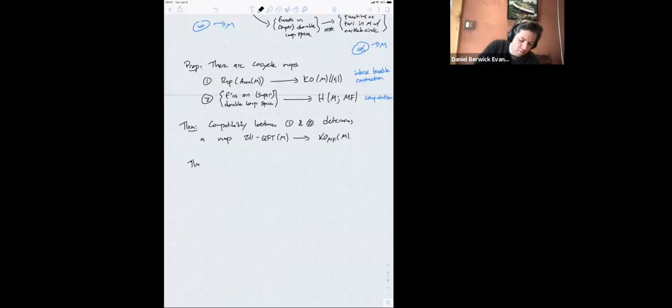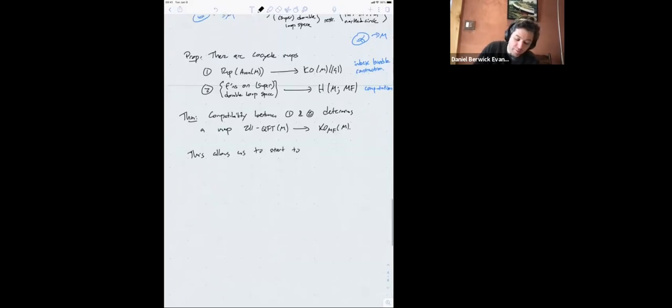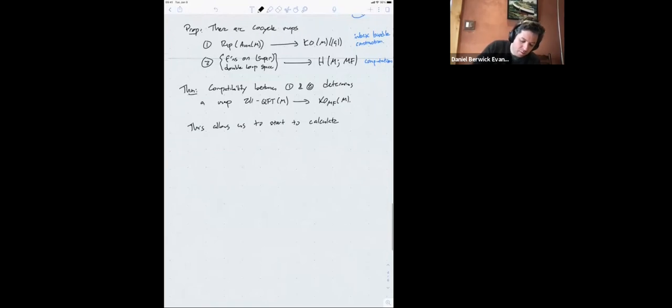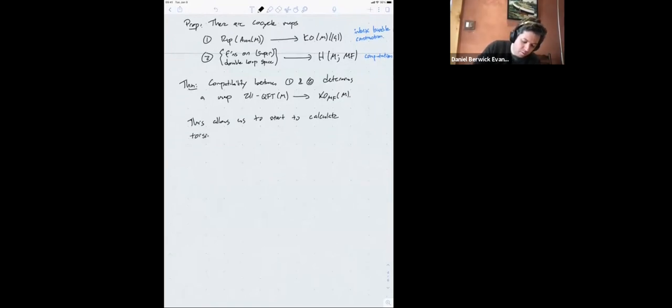So this allows us to start to calculate torsion variants of field theories.